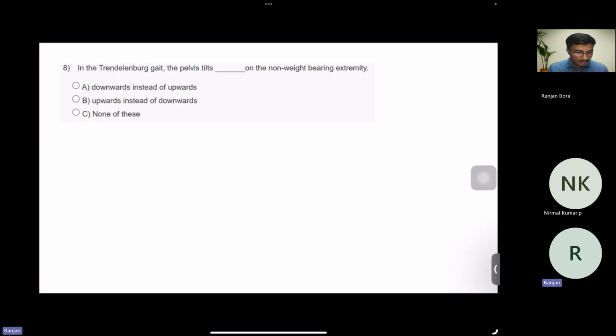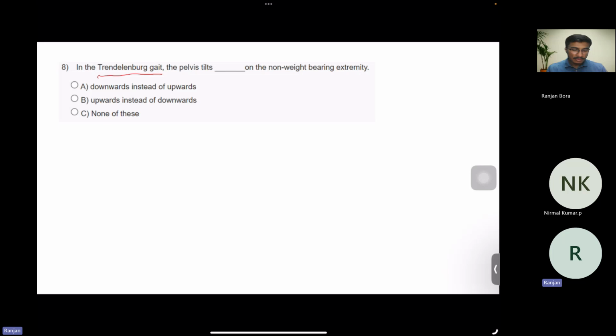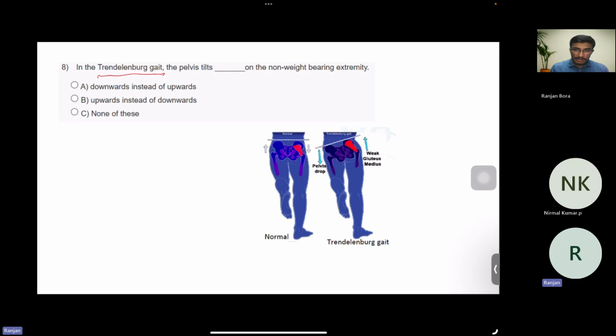Next question is, in the Trendelenburg gait, the pelvis tilts dash on the non-weight bearing extremity. It is a kind of gait disorder. In this type of gait disorder, the pelvis tilts downwards instead of upwards. You can see this is for a normal gait where the pelvis is in the horizontal plane.